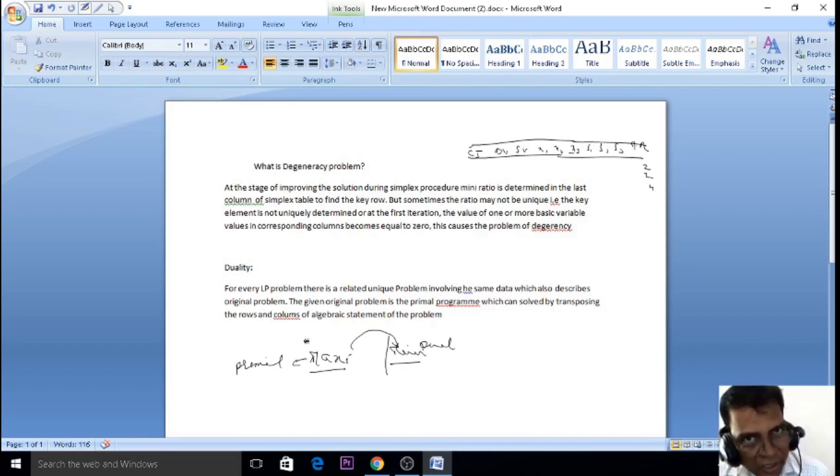So from the examination point of view, please read the question one or two times. If it says solve the LP problem by simplex method, use duality, then duality means the basic concept is different. So better to go that way and this way. Previous questions are different, these questions are different.